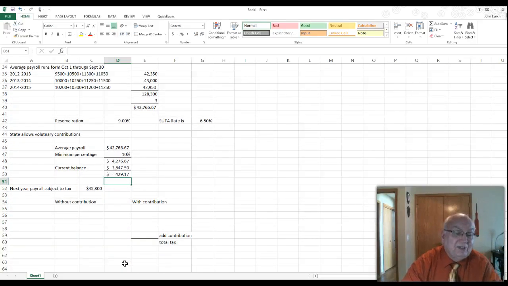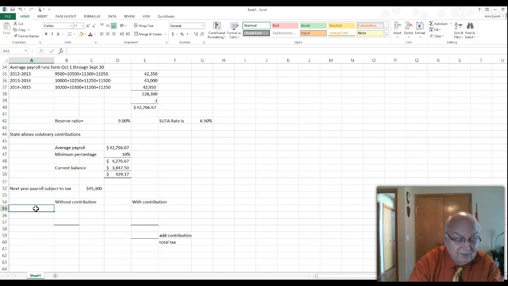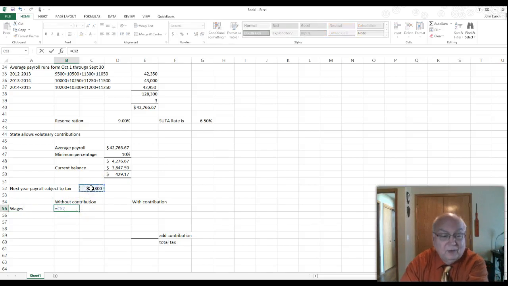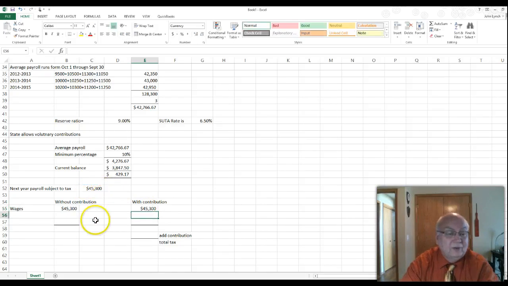Now to see if that pays, we're going to say, okay, this is our wages for the coming year of 45,300. Okay, so we calculate it without the contribution, and with the contribution.